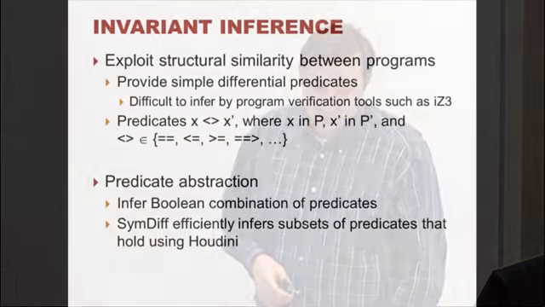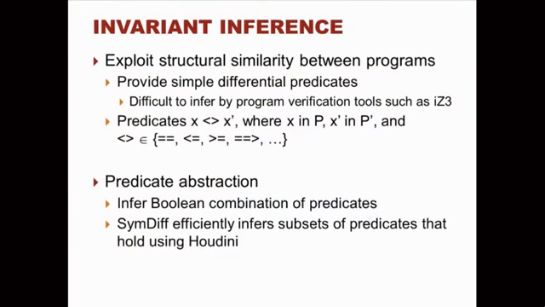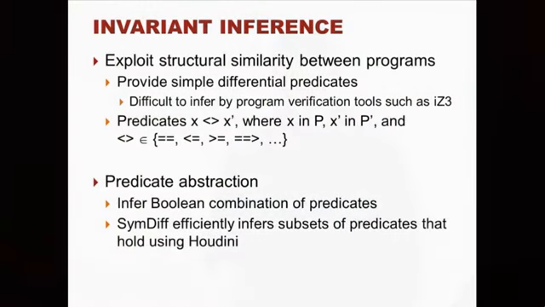OK. And there you go. This is exactly what we do. We can do invariant inference. It exploits structural similarities between two programs by just restricting the kinds of invariant we can generate to simple differential predicates. And differential predicates means that they talk about variable versions from the two programs.